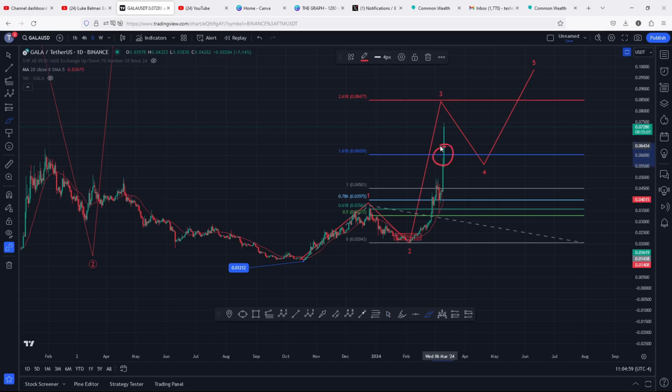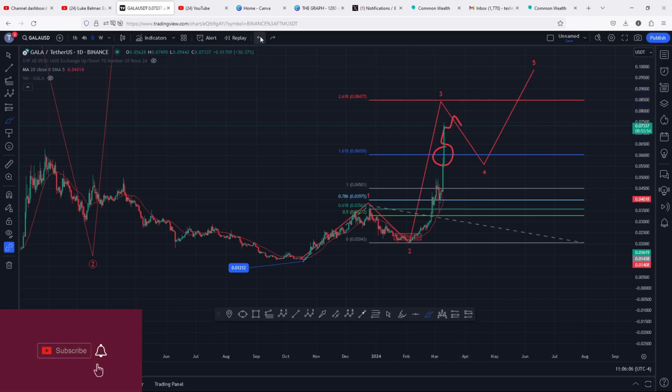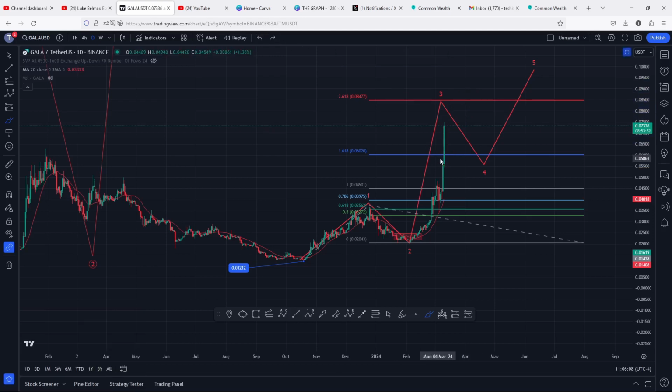And you can easily see that Gala Games continued to show that bullish momentum and continues to push even higher, and there are chances that we can see another bounce in the next coming hours to the next key area on the Fibonacci's, which is the fib level 2.618, which perfectly lies above the 0.08477, and that is the next target area that I have here on the Gala Games chart for the next coming hours once we continue pushing even higher.